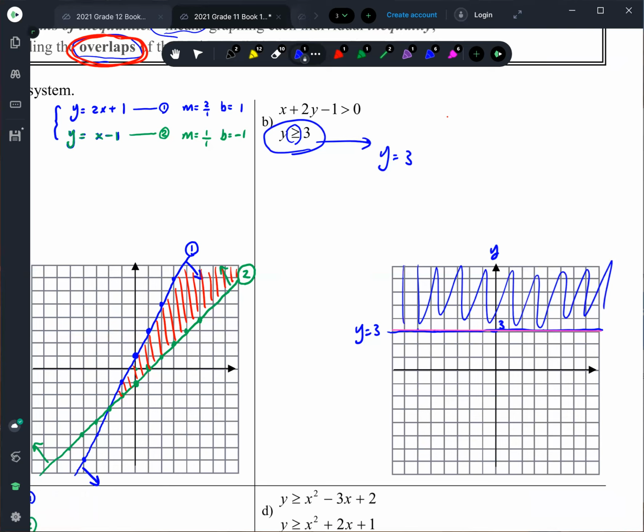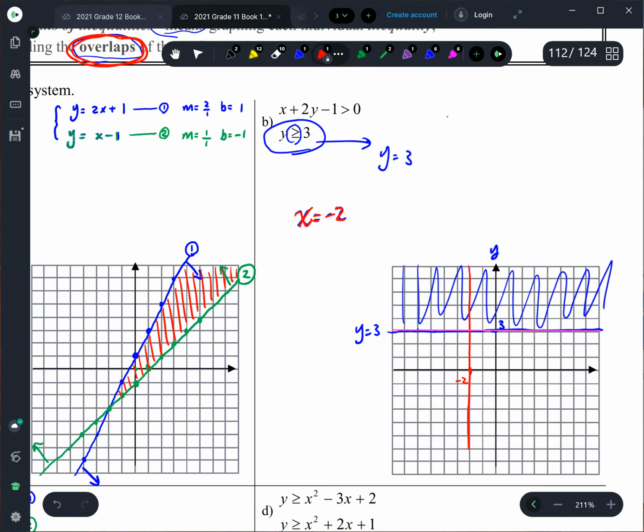So if you get something like x equal to -2, just as an example, then you go to x equal to -2 and draw the line. If it's less than or equal to -2, then that's everything to the left.